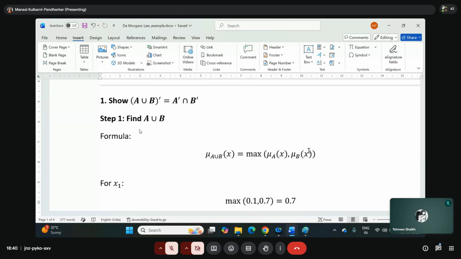So we have to submit handwritten notes, you're saying? Yes, handwritten is fine too. But what were you planning initially? I am planning like this: you solve it and convert that into a PDF.